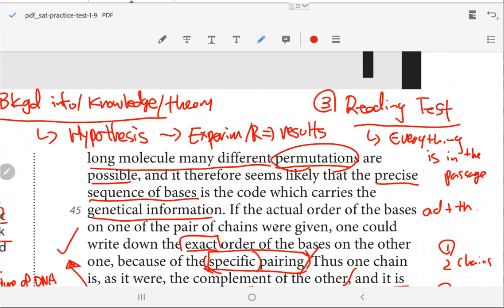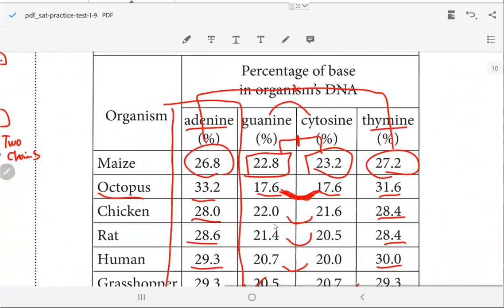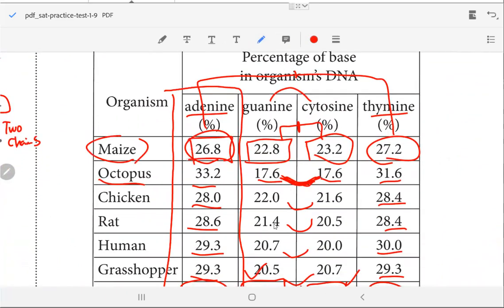And it therefore seems likely that the precise sequence of bases is the code which carries the genetic information. So it can be arranged in many ways, and although adenine must pair with thymine, the value can differ, and the value can differ by organism. Each organism has its own value.